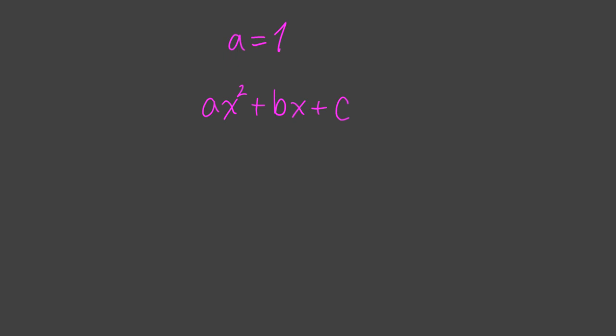So when the leading coefficient is equal to 1, in this situation, we're looking for two numbers that multiply to C and add to B. So we're going to take factors, draw a little factor tree of C. So what multiplies to C?